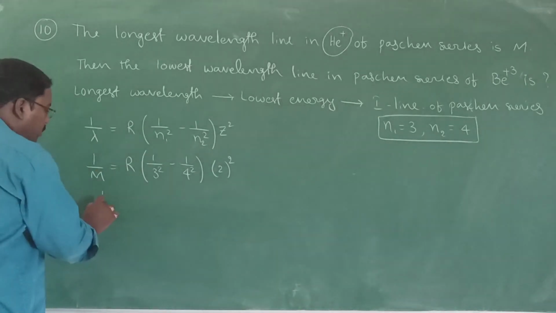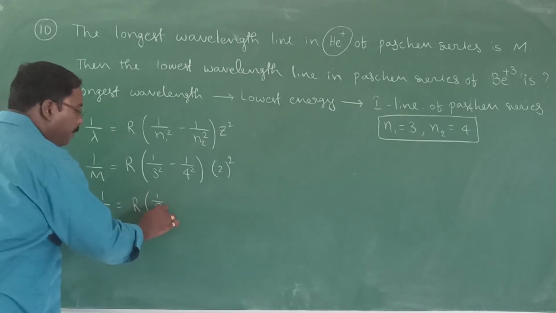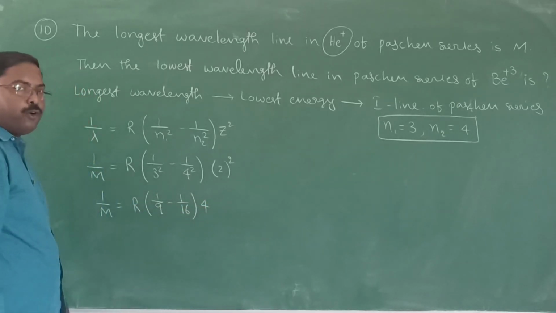Now, 1 by M is equal to R into 1 by 9 minus 1 by 16 into 2 square, which means 4.